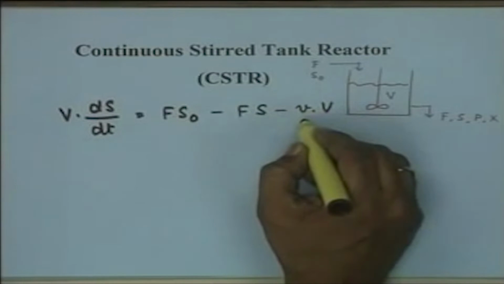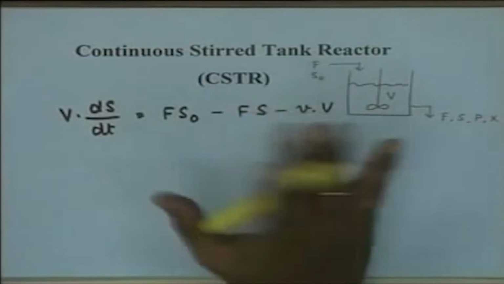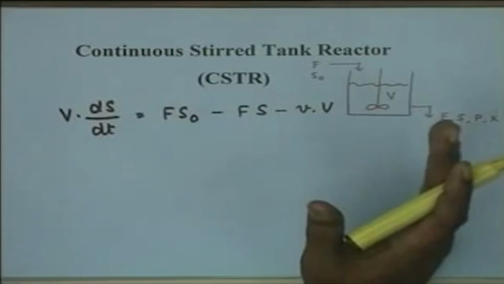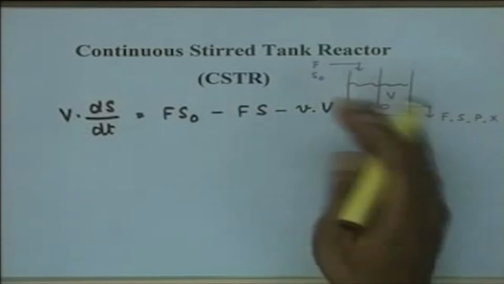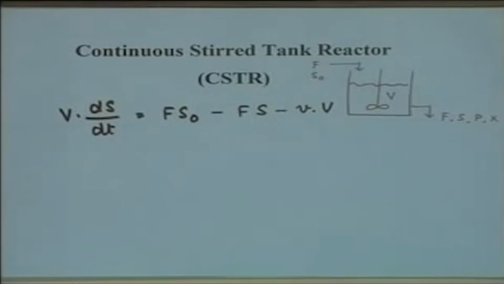Here v is the reaction velocity, that is the conversion due to reaction, and V is the reactor volume. Now, obviously, after a certain period of time the reactor comes under a steady state situation.